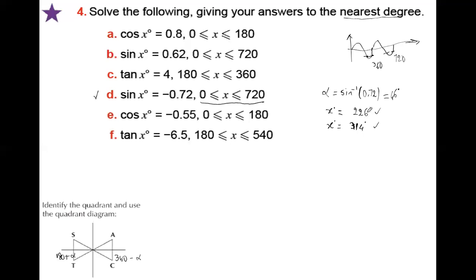So do you think we're done? I've got my first two, so I need to find the other two. Because we've got a signal repeating itself every 360, the other two are just x equal 226 plus 360, that's my next one, and 314 plus 360.